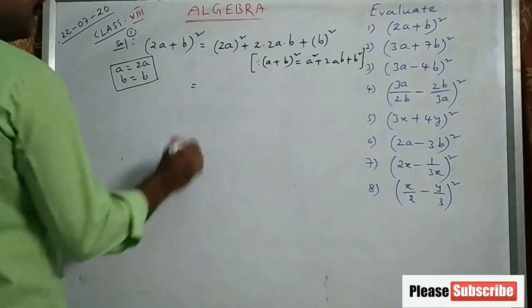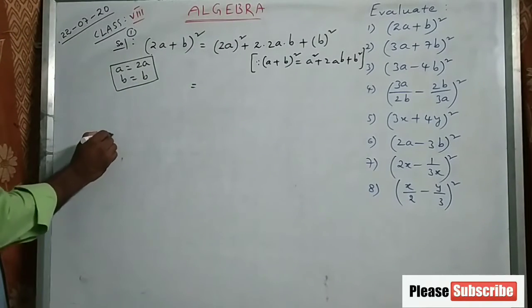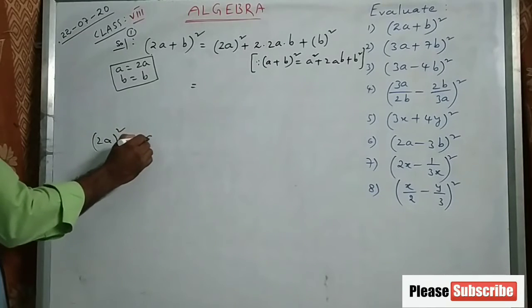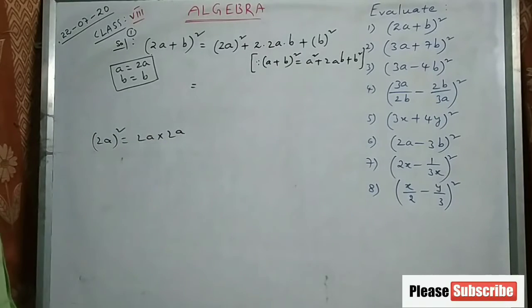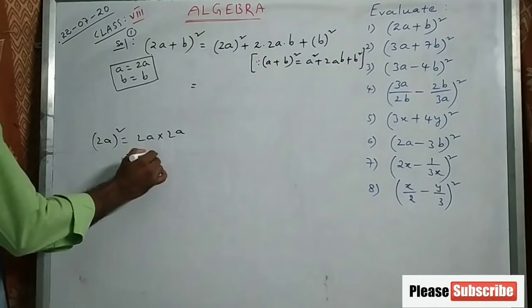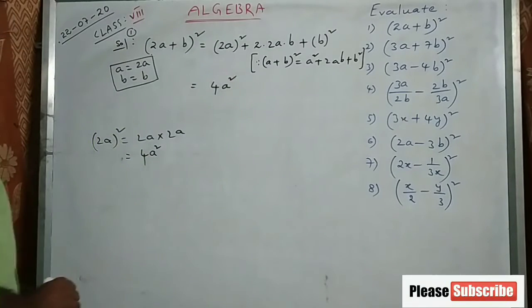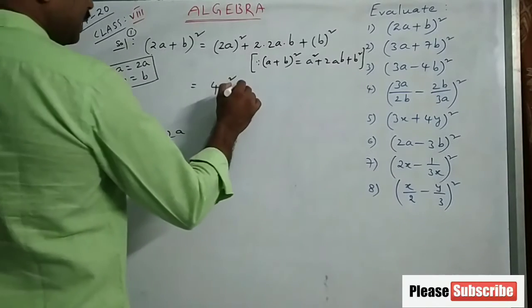So, what is the value of (2a) whole square? 2a into 2a, 2 times we have to multiply, right? 2 2s are 4, a into a, a square. So this will be 4a square.